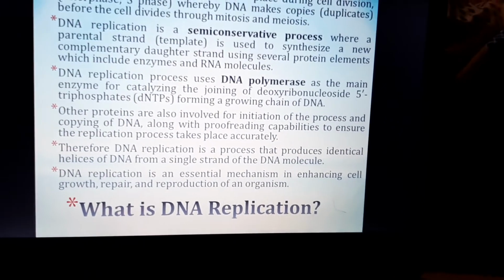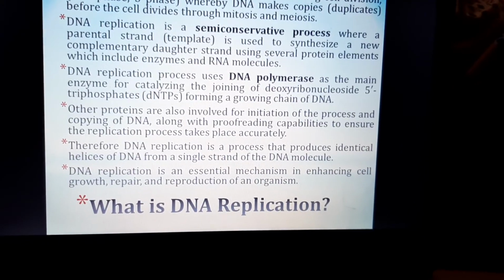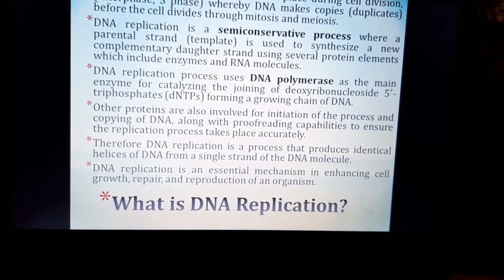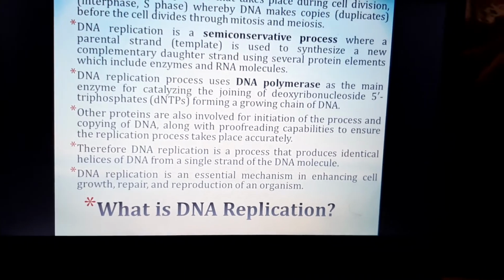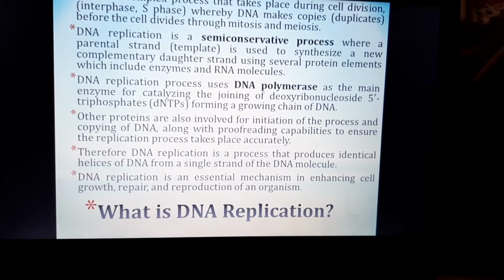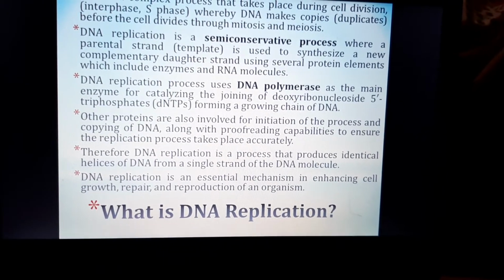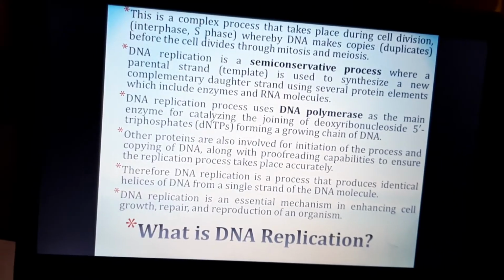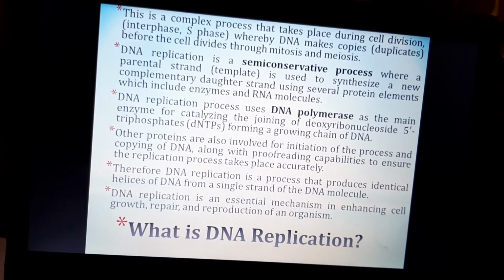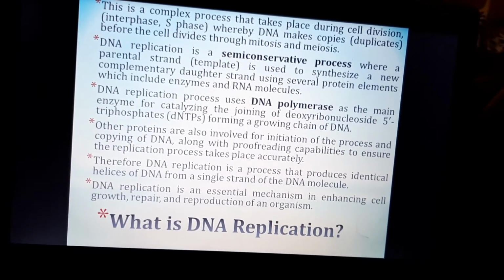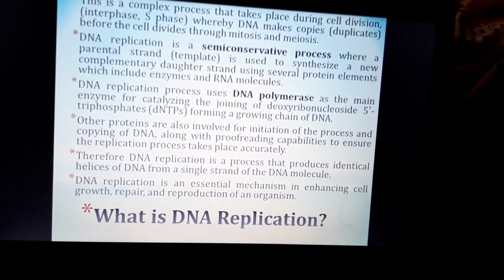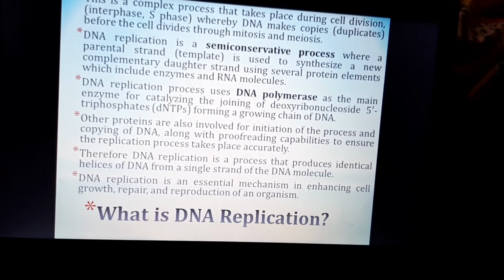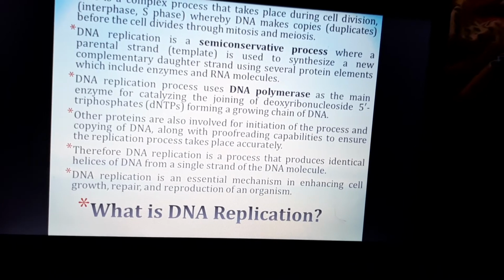So we already know that DNA replication is a semi-conservative process where a parental strand template is used to synthesize a new complementary strand using several protein elements, which include enzymes and RNA molecules. The DNA polymerase enzyme is the main enzyme in the DNA replication process. It catalyzes the joining of deoxyribonucleotide 5' triphosphates, dNTPs, forming a growing chain of DNA.